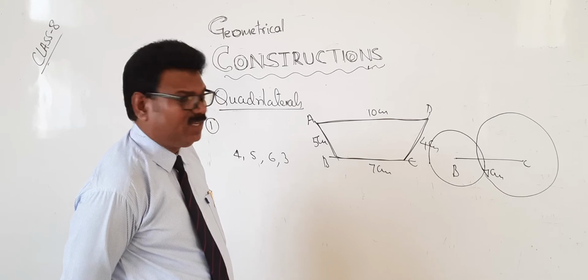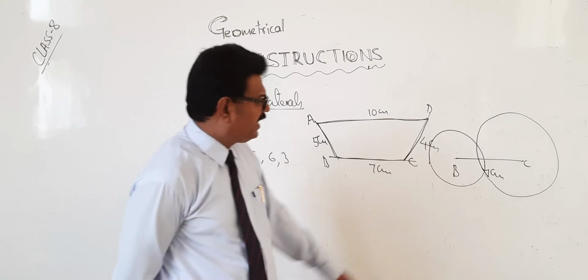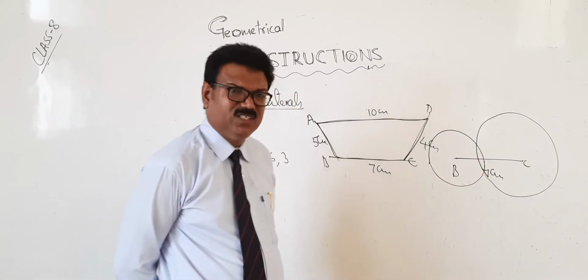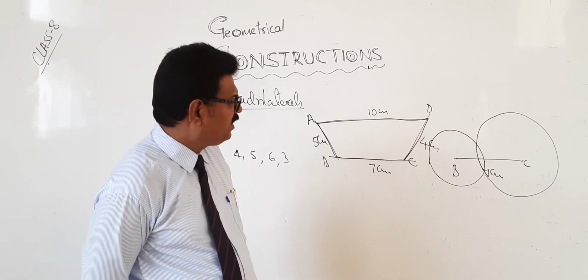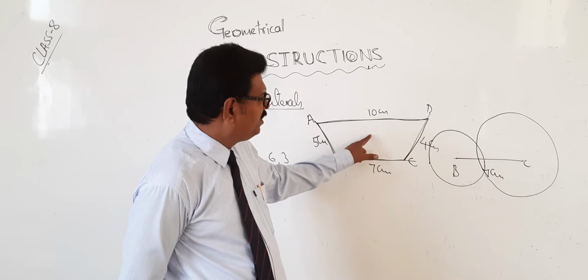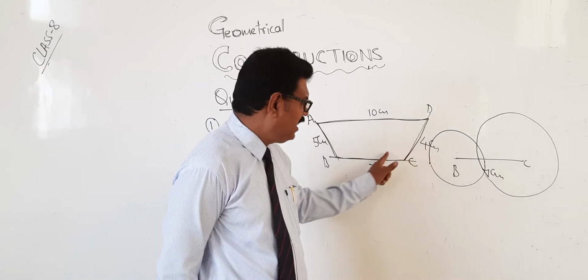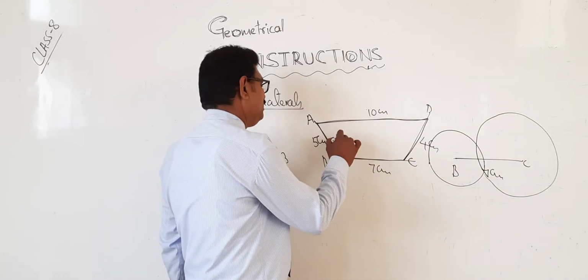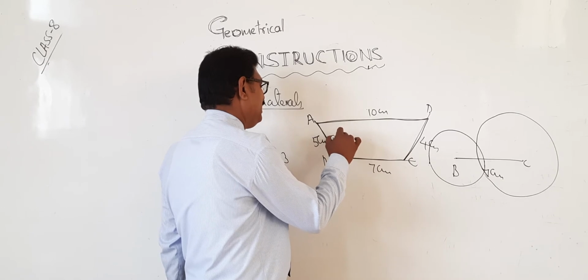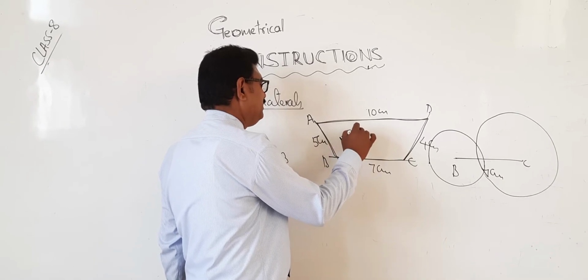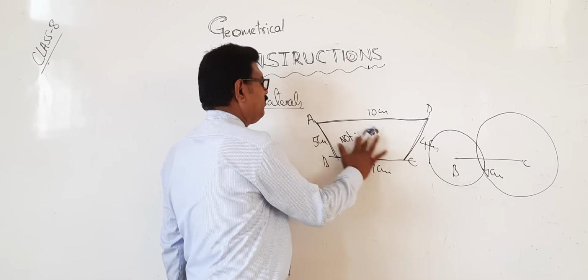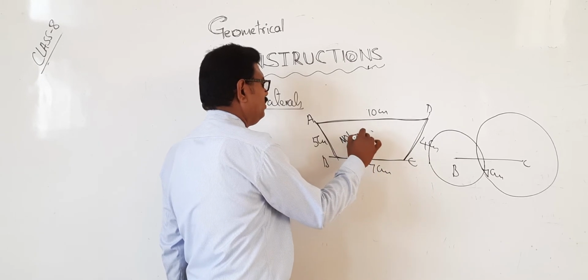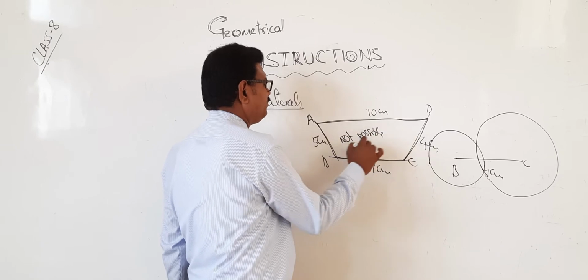Where both are intersecting, they are intersecting at two different points. Which point will you take? Not possible. That means to construct a quadrilateral, with the help of 4 elements it is not possible to construct.